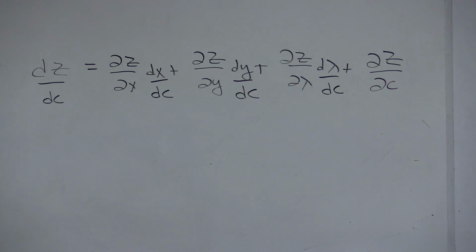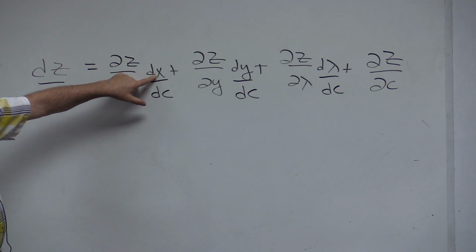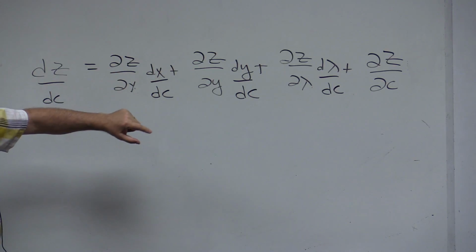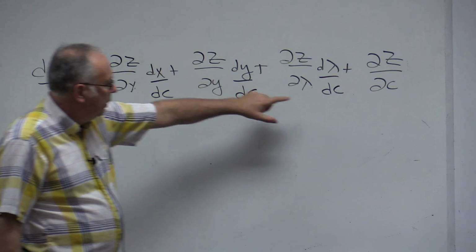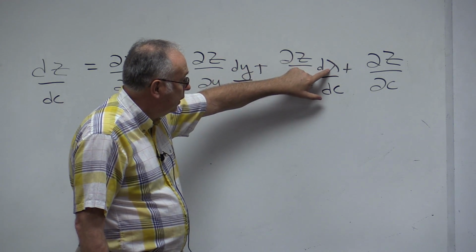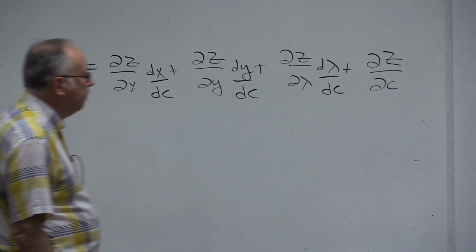So this is the total derivative of Z with respect to the constant. And when the constant changes, say when income changes, X is going to change. So X will be a function of C. When the constant changes, Y is going to change. When the constant changes, lambda is going to change. And then this will be the direct effect.